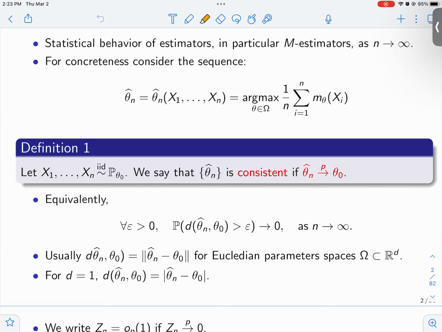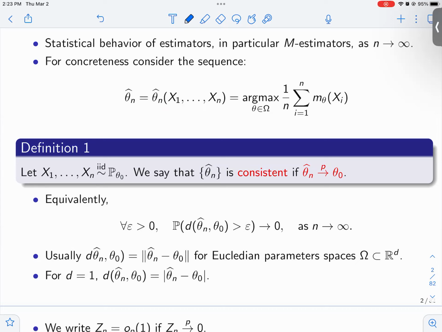A particular one is that if I draw IID samples from p_theta naught, where theta naught is the true parameter, and then I form this M-estimator, we'll say that this is consistent if it converges in probability to theta naught. This definition is general. It's just any estimator which is a function of x1 up to xn. It doesn't have to be the M-estimator, but that's the notion of consistency.